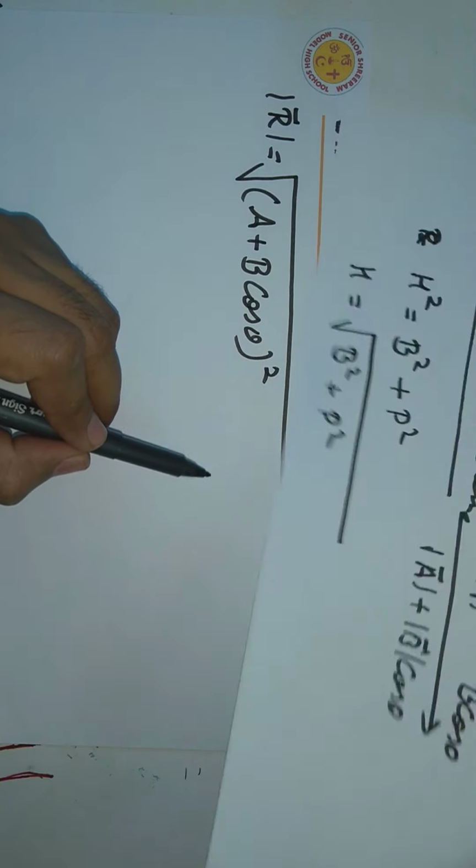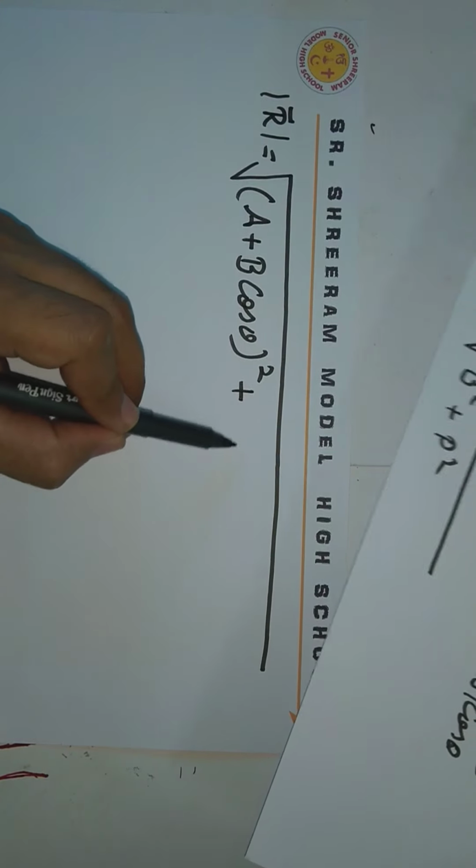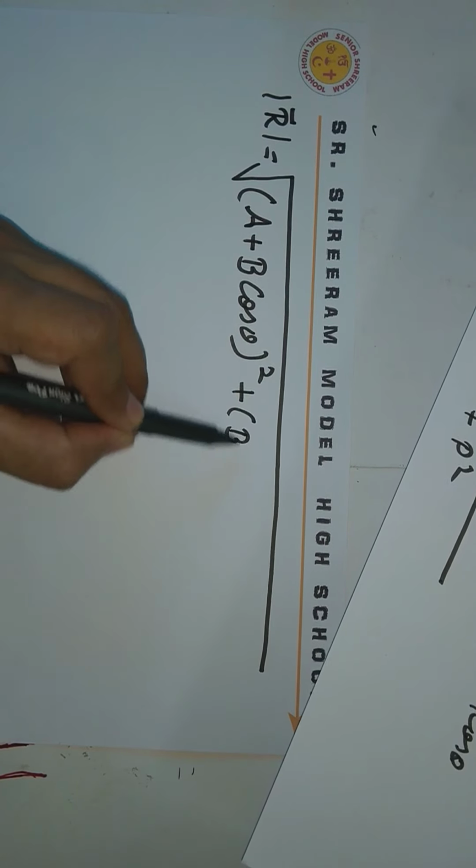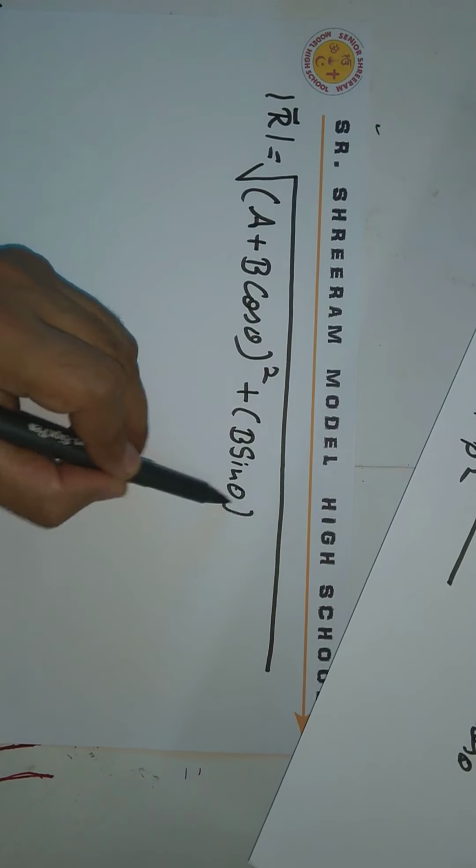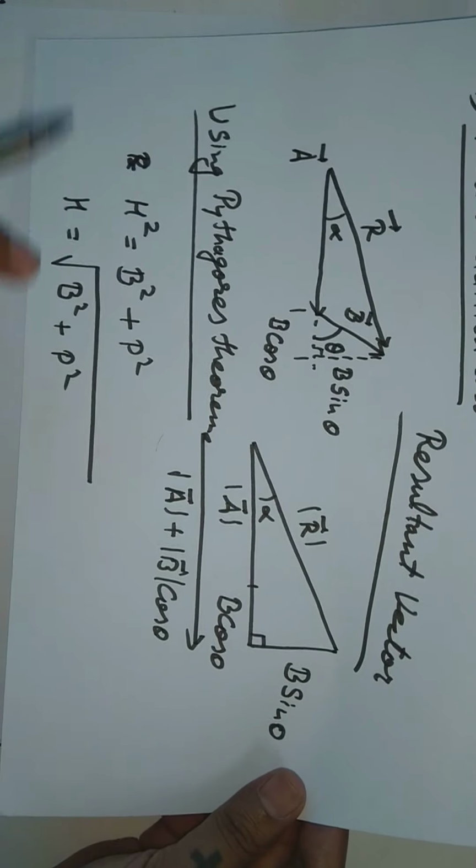Now the perpendicular is B sine theta, so it becomes B sine theta whole square. After this we solve the math.